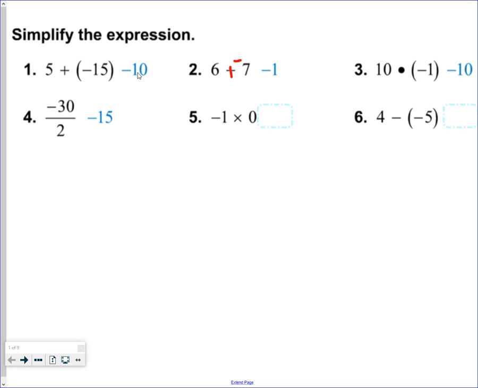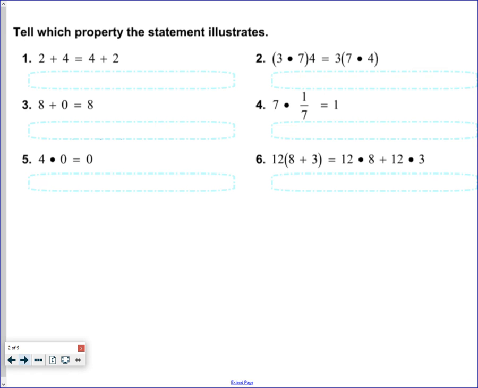Number 5, anything times 0 is 0. And the last one, did you change it to plus a positive and just gave you a nice little +9. How'd you do? Again, if you did something wrong, did you find your mistake? Get all those cobwebs out of your brain.